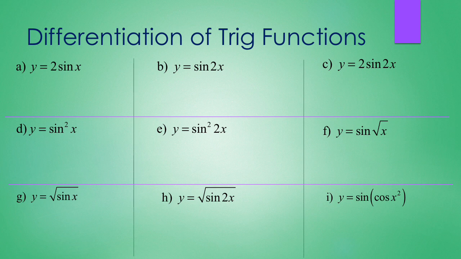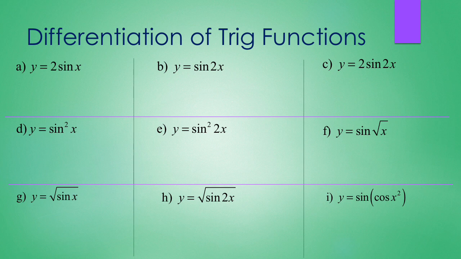After these instructions, stop the video in order to look at your answers. On page 49, problem 1 has 9 equations. Each equation involves the sine function, and you are to take the derivative of those expressions.